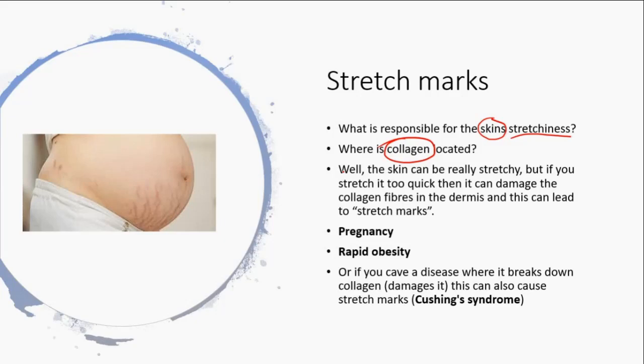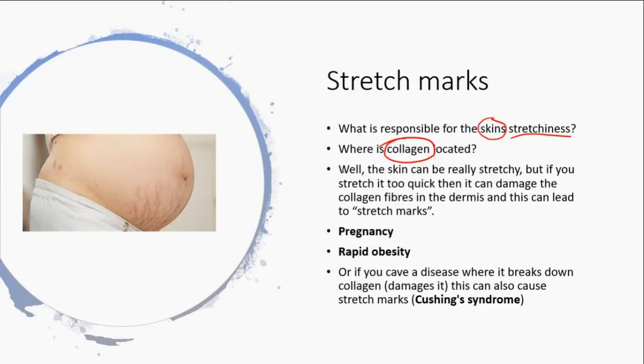But what happens, when someone puts on weight in a slow fashion, then the collagen can increase, and it can accommodate, and it can stretch slowly with the person's obesity.